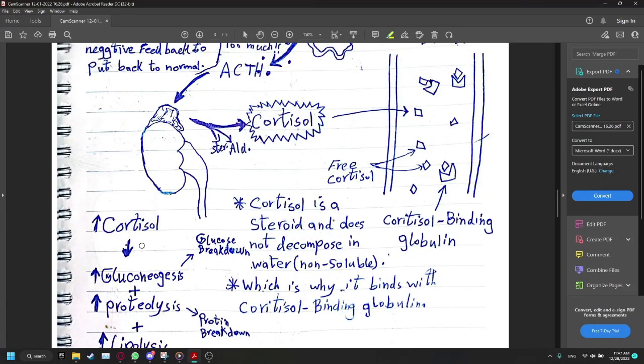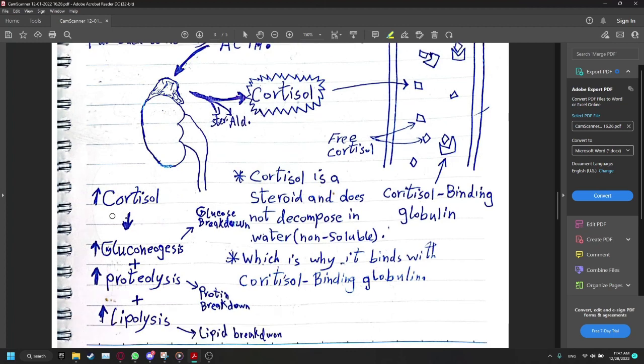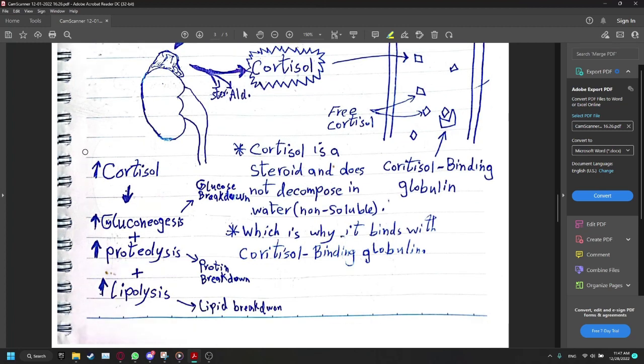Cortisol is a very important hormone, so when you have too much of it, it can cause a lot of problems. How? High levels of cortisol can cause gluconeogenesis.